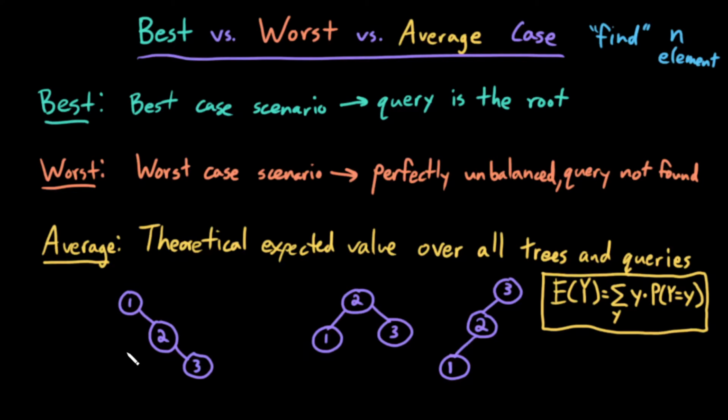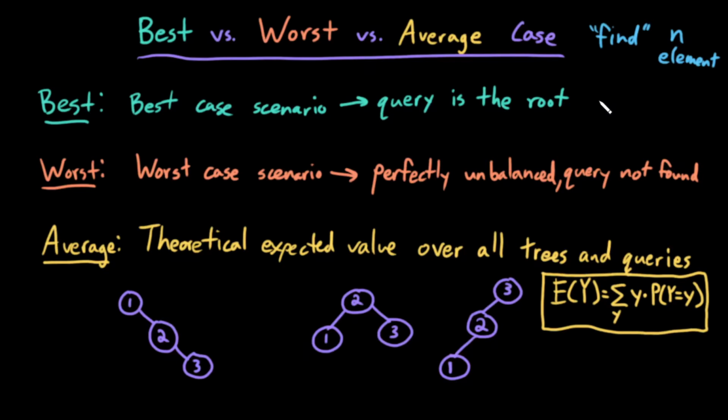So here, if I'm searching for node 1, the first node I check is the root, which is what I'm looking for, I succeed. Here, if I'm looking for node 2 is the root, so immediately I succeed. And here, the very first node, if I'm looking for 3, I would find it immediately, so I would succeed.